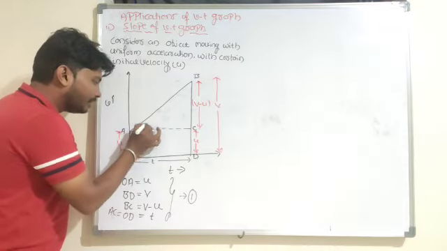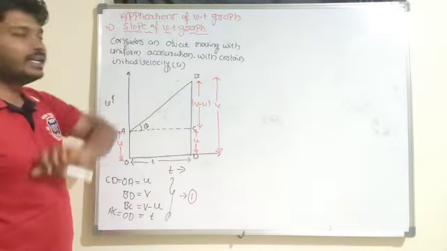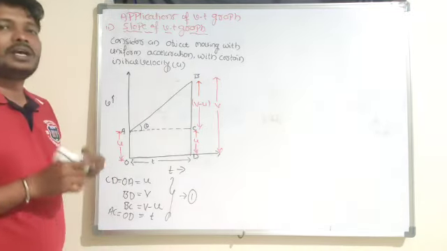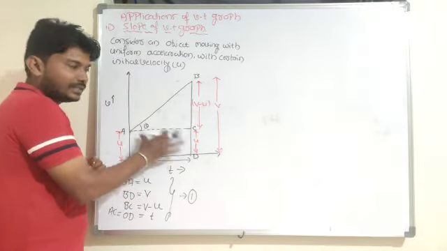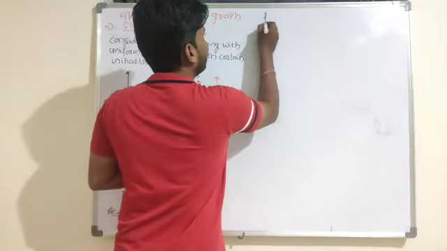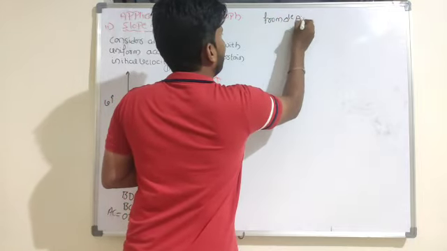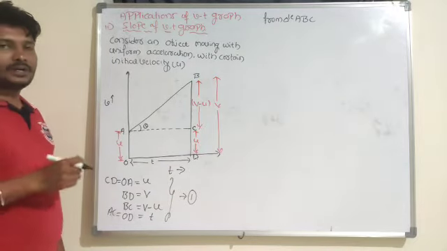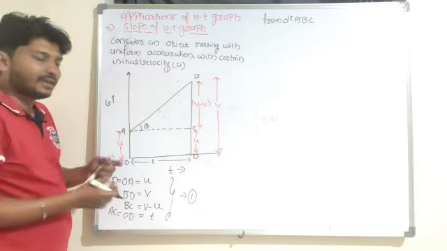Now let me find the slope of the velocity time graph. From triangle ABC, slope is nothing but tan theta, opposite divided by adjacent. So slope is the y-intercept divided by the x-intercept, which is tan theta.